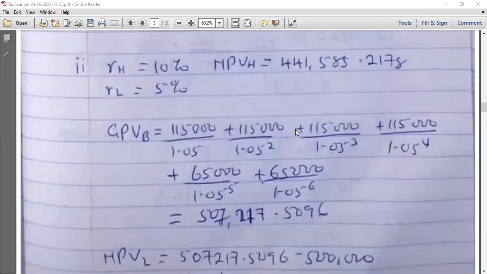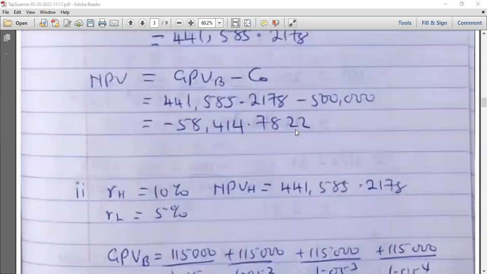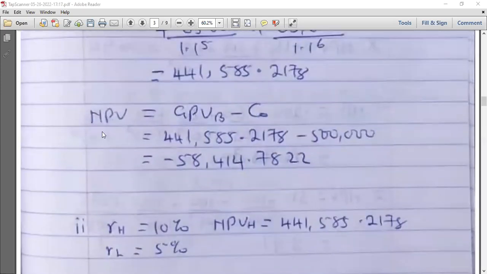Now, just assuming we're to use benefit cost ratio, B over C. Here, the total benefit that we're getting throughout the span of this particular project was 441,585.2178. If we divide this by the cost of 500,000, you see that the answer will be less than 1.